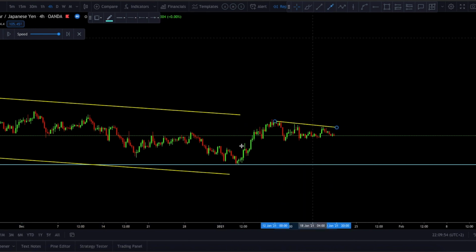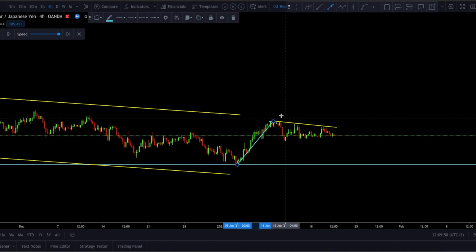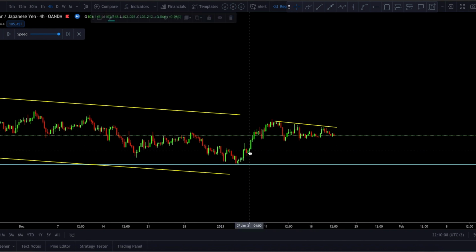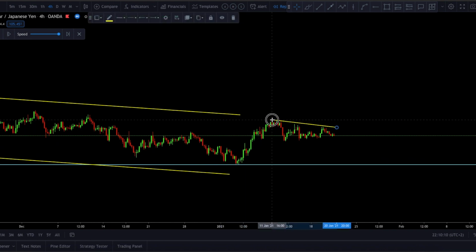Why am I saying that? We got this first move up. Now we're getting this move that is going sideways. Right, put a trend line like this, and then I'll duplicate this line, I'll clone this line, put it here.